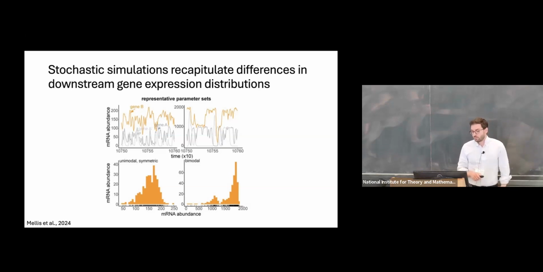And we can recapitulate differences that are seen in real data between gene expression distribution shapes in single cell data sets, where you have a vaguely symmetric unimodal distribution of downstream gene expression under one parameter regime and a bimodal gene expression distribution under another parameter set.